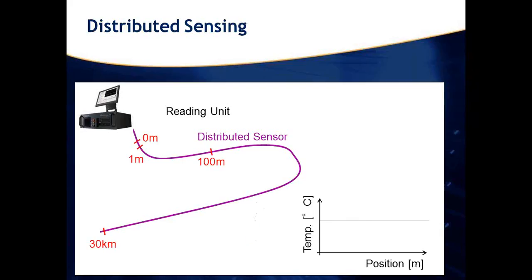For example, here, if we have a temperature increase at a specific location due to, for example, an oil leak, we will observe this temperature increase and localize it. And if we have a temperature drop at another location due, for example, to a gas pipeline leak, we will see that cold spot and also obtain its position.